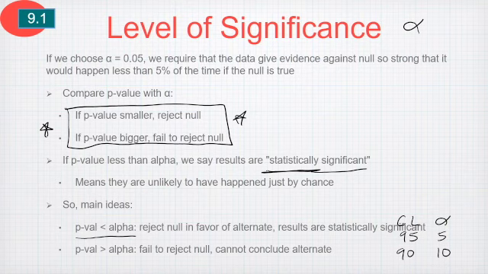Again, we do this all in context. Whenever you're looking at an actual study, if it's good, they should report the p-value so that you can compare it to the alpha to see if their claim is accurate. This is not always done, though.